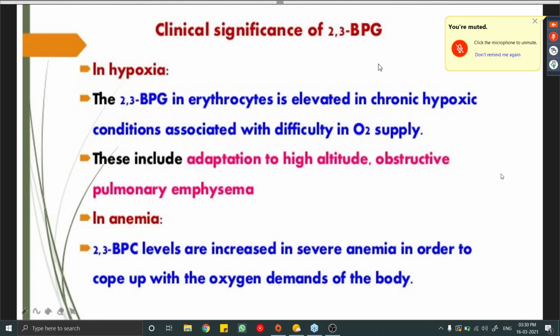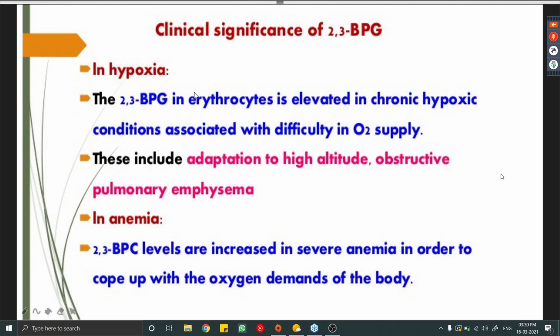So what is the clinical significance of 2,3-DPG? I have told you it is the most abundant phosphate moiety of the erythrocyte. In hypoxia, 2,3-DPG is elevated. These are conditions of hypoxia, like high altitude when you go on the hills, and some pathological conditions like obstructive pulmonary emphysema.